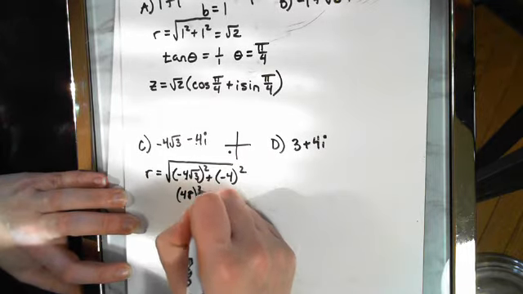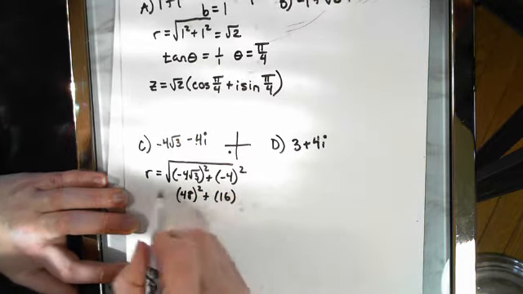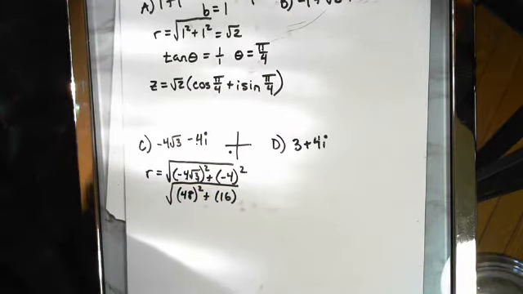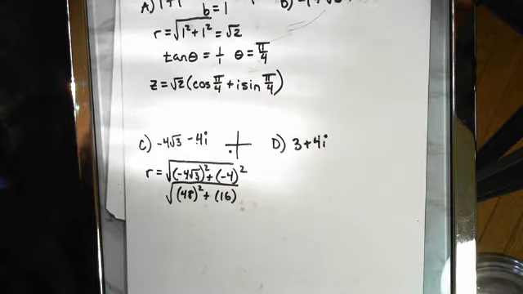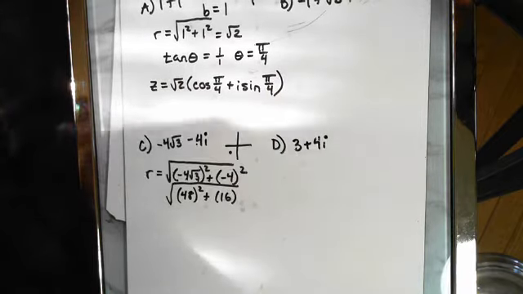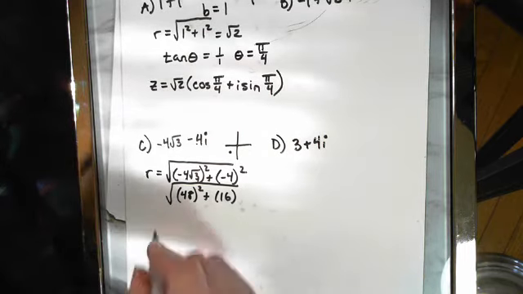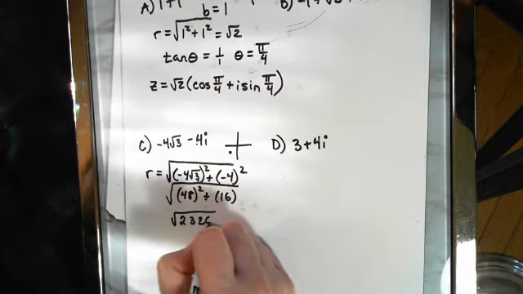And I have to square that, and it's plus 16. Okay? So I need the square root of 48 squared plus 16. And according to my calculator, that is not a perfect square. It comes out to the square root of 2320.